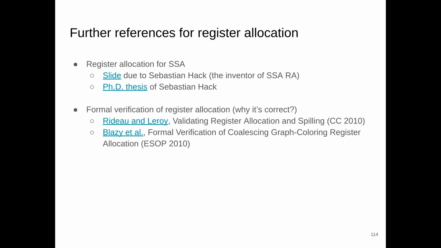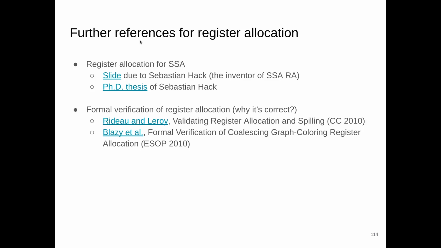Furthermore, there is formal verification work on register allocation, which basically explains why register allocation optimizations are correct with respect to the programming language semantics of these IRs or IRs in assemblies. Rideau and Leroy published a paper on formally validating register allocation and splitting.